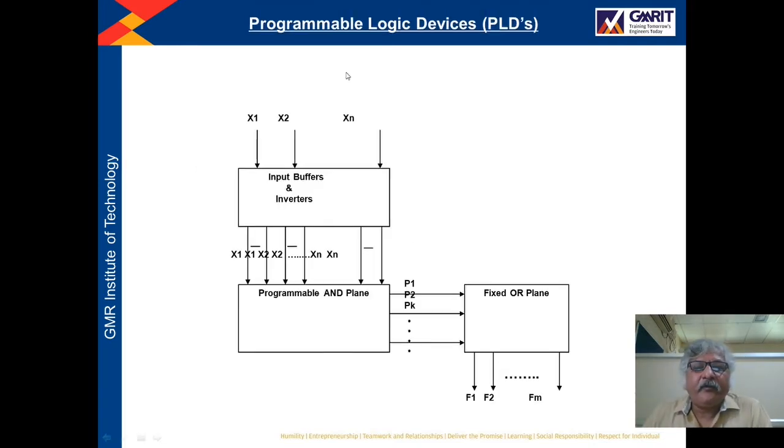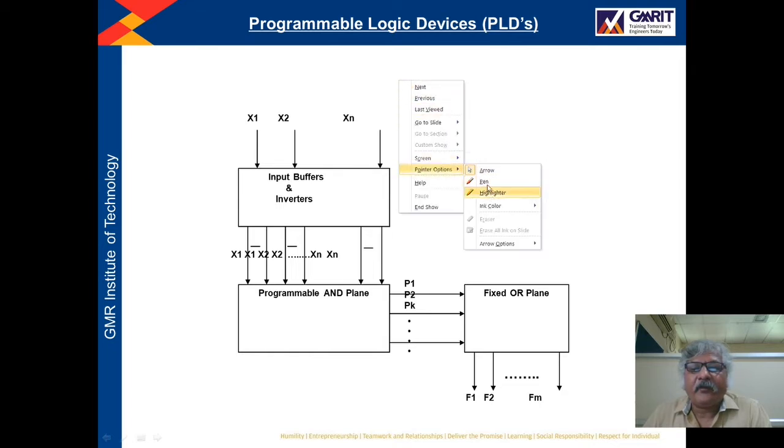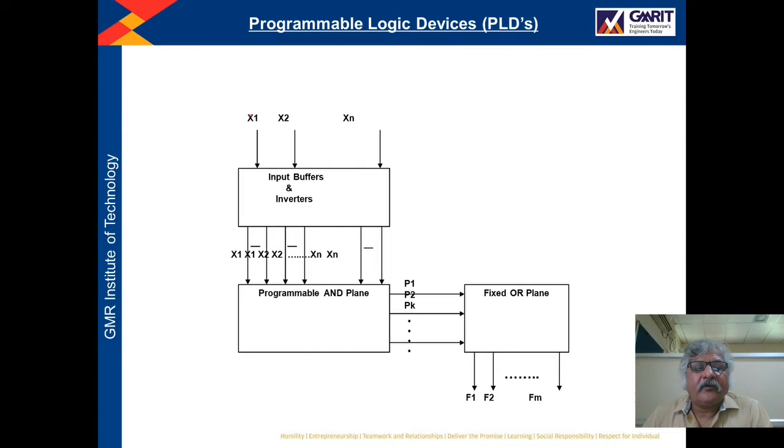Now in PAL, just like PLA, there are the inputs. Inputs will pass through the buffers and inverters, and this block will generate a true value and a complement value of the inputs.